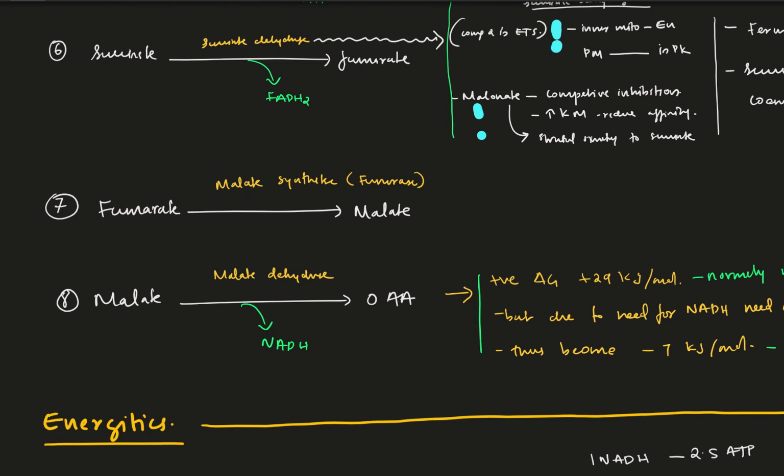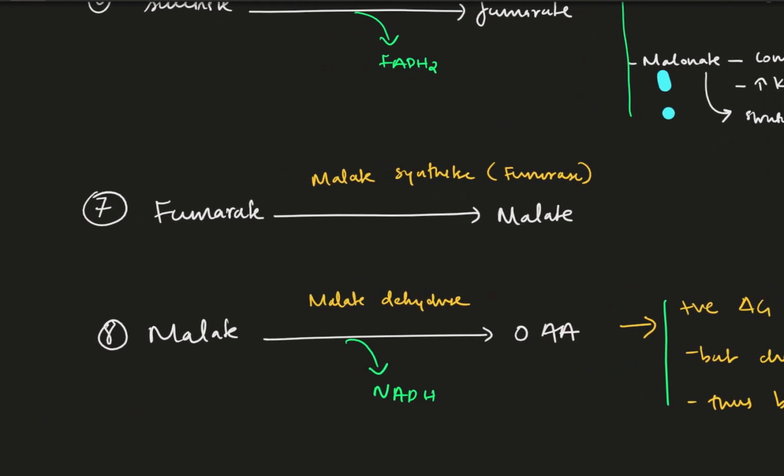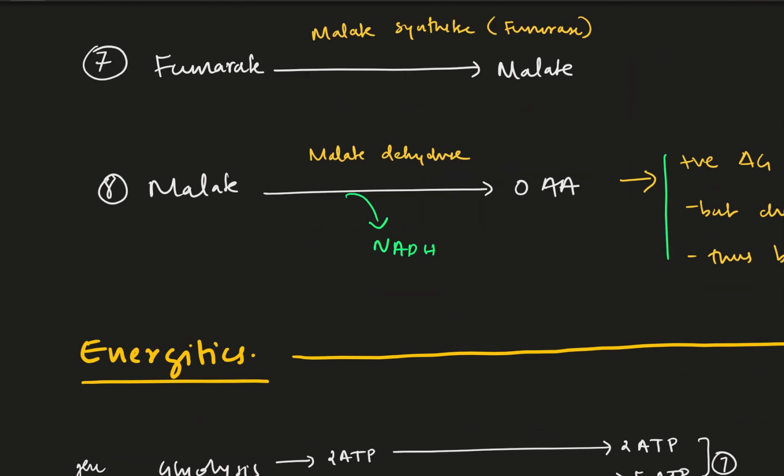Then this fumarate is converted to malate by malate synthase or fumarase, and malate is produced. Then this malate is converted to oxaloacetate by malate dehydrogenase. Okay, so that's it.